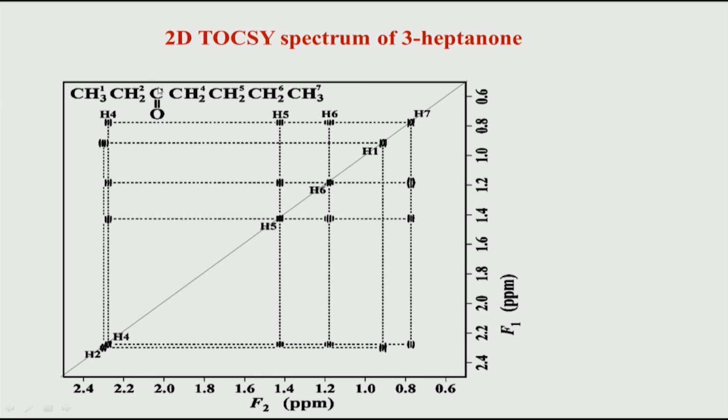This carbonyl is a kind of break, because on this side these 4 hydrogens, 4, 5, 6, 7, are all coupled to each other, in the sense that 4 is coupled to 5, 5 is coupled to 6, 6 is coupled to 7 and vice versa.